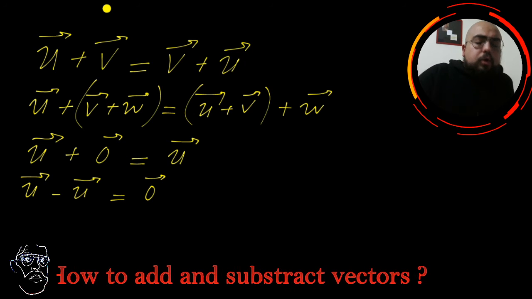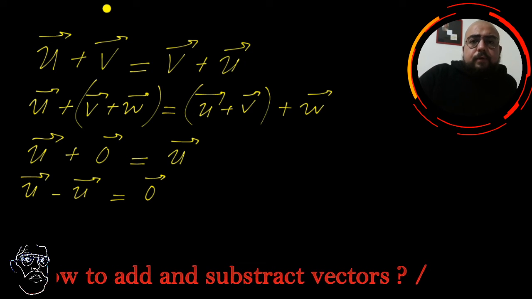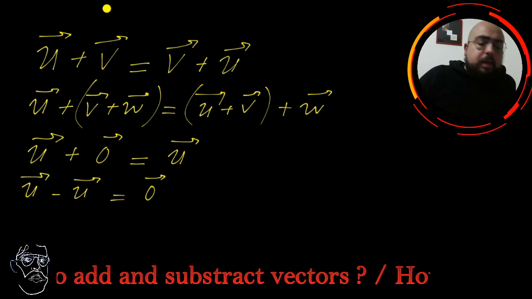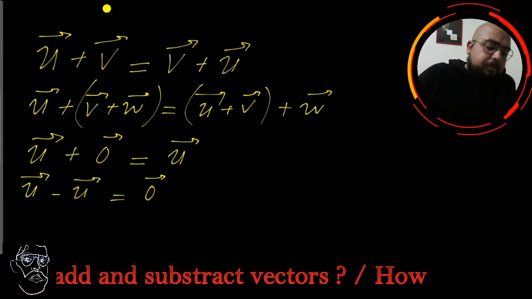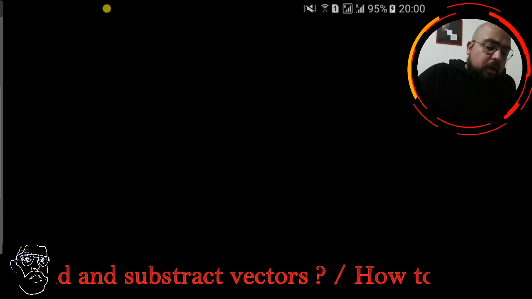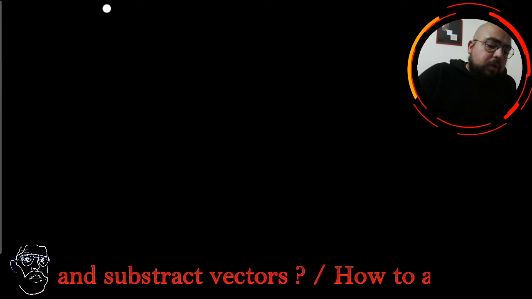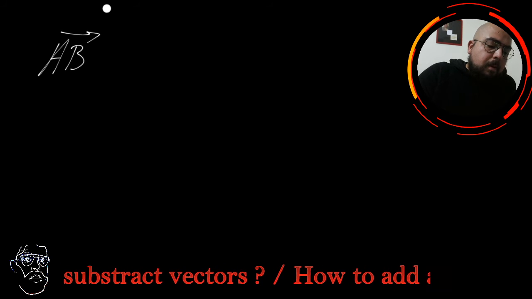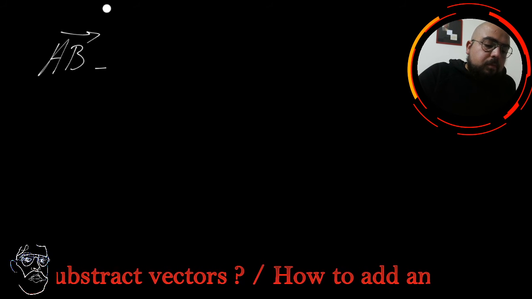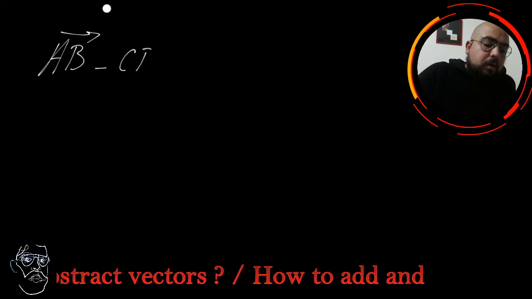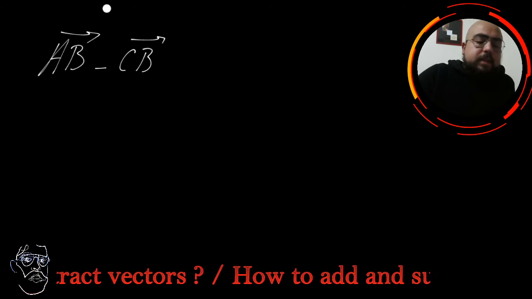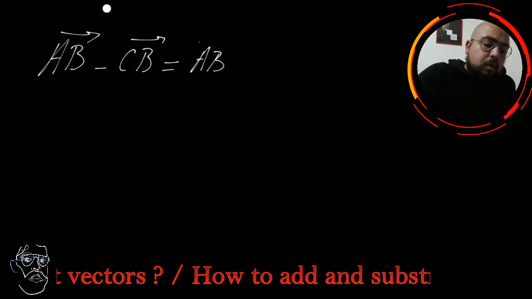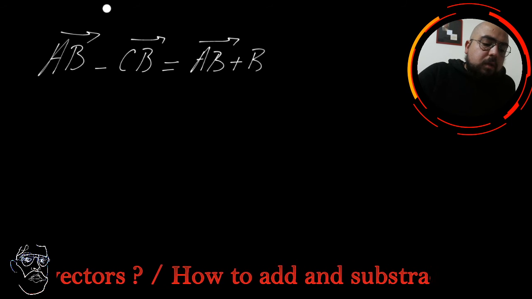Now, in order to understand the subtraction of vectors, you simply need the idea of the addition, since subtraction is the same thing as addition. Let's say I have the vector AB minus CB. So AB minus CB is equal to AB plus BC.